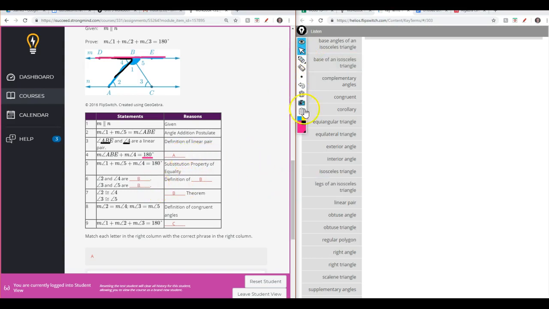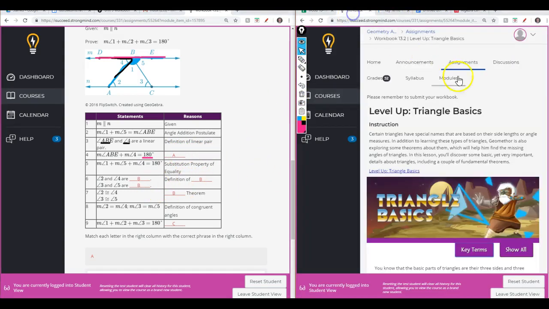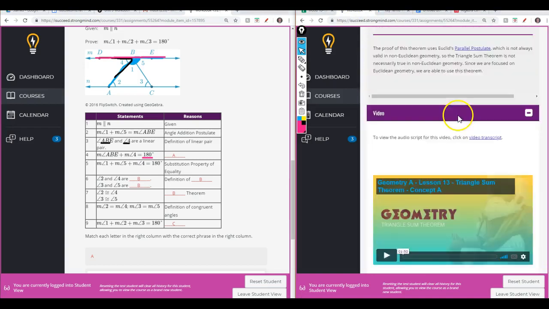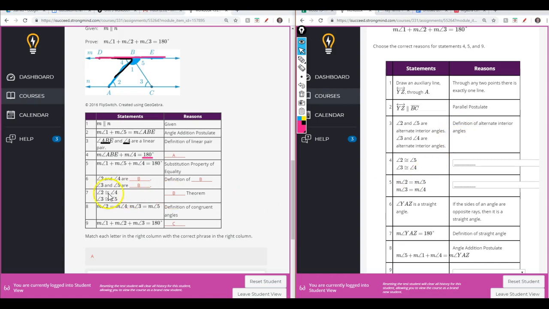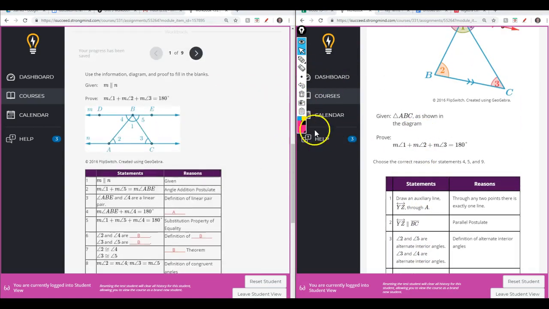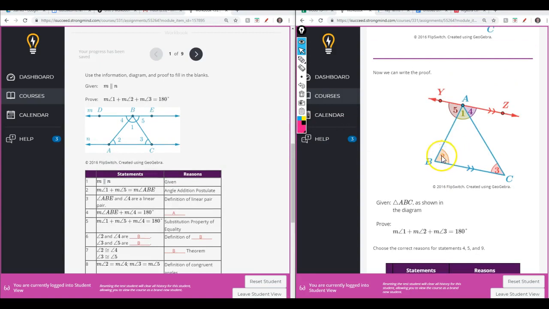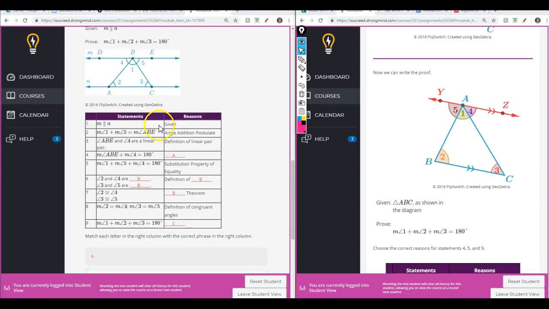So now, jumping back to our example proof, we have angle 2 and angle 4. So these ones are diagram specific. And I'm going to check to see they're not in the same place in this diagram as they are in this diagram. So again, we're going to jump to context clues.